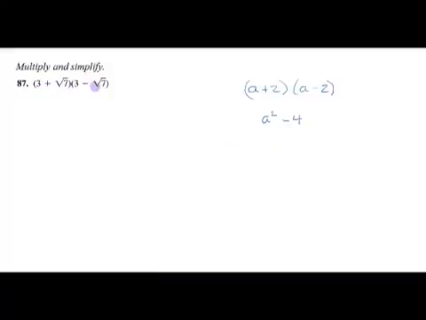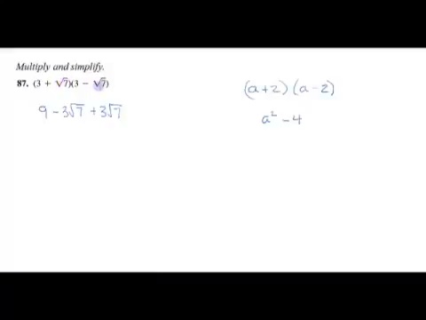Let's go ahead and do it the long way first so you can see for sure that those middle terms really will cancel out. So I have 3 times 3 is 9. 3 times negative square root of 7 is negative 3 square root of 7. Square root of 7 times 3 is a positive 3 square roots of 7.